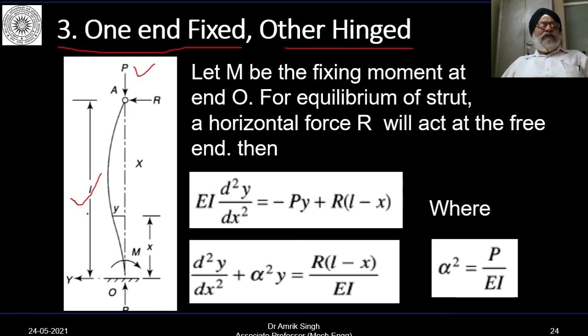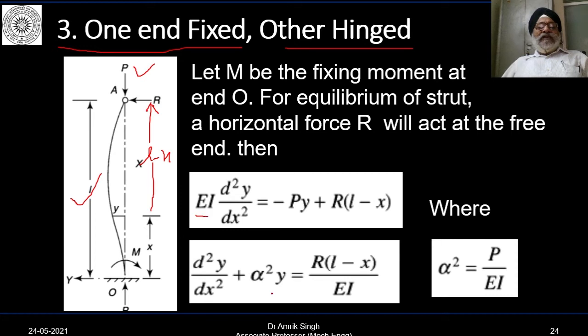So this will be the condition x, and this will be L minus x. If we take the moment about this, it will be on this side, and this moment will be on the other side. So we can solve this.